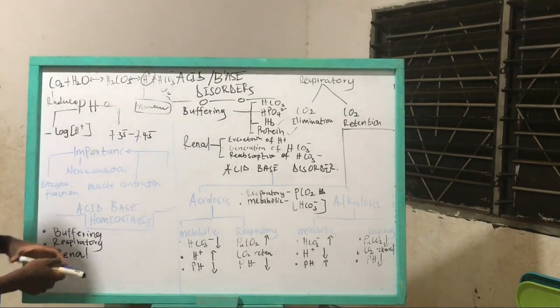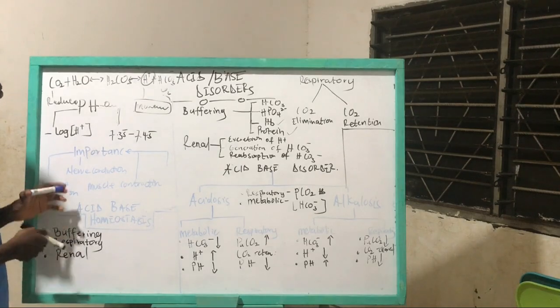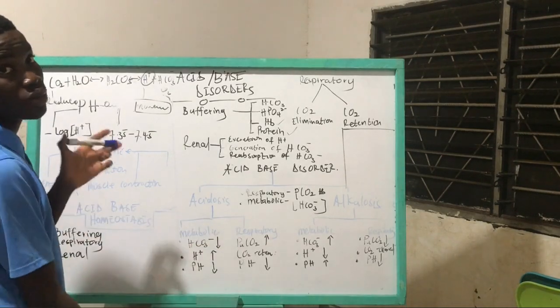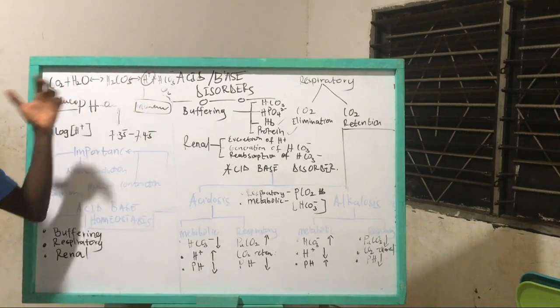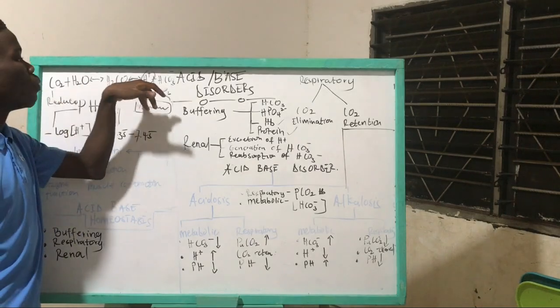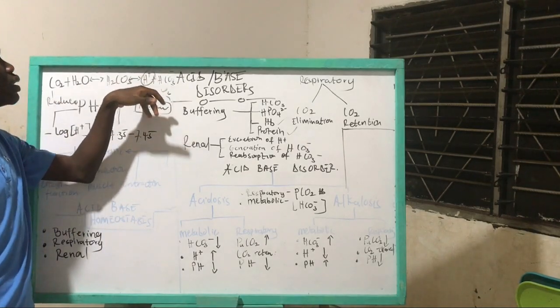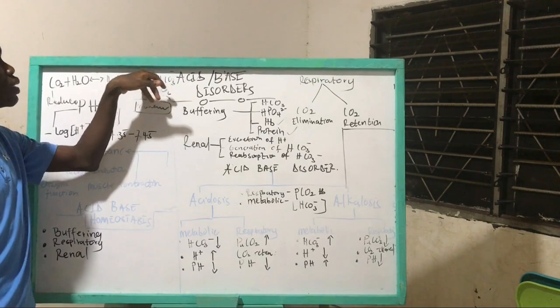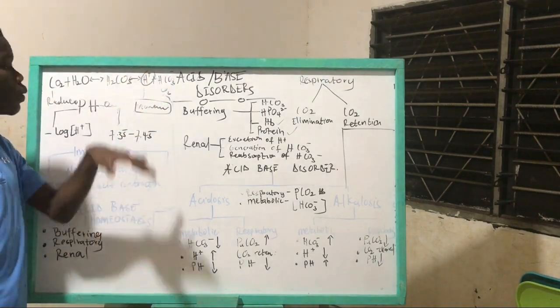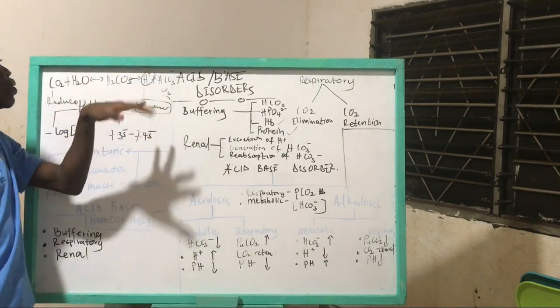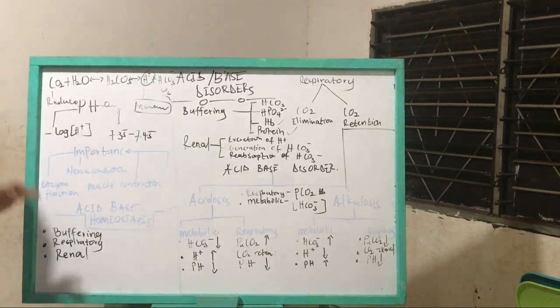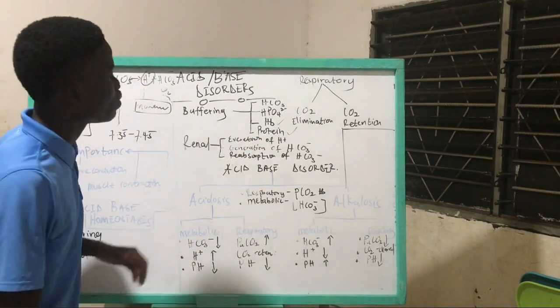So you realize that the reaction will no more go forward, it will rather be reversed. And once there is reverse reaction, it means the amount of hydrogen ion here will be reduced. And once the hydrogen ion reduces, pH increases to compensate for this. So that is how the respiratory system also does the buffering.